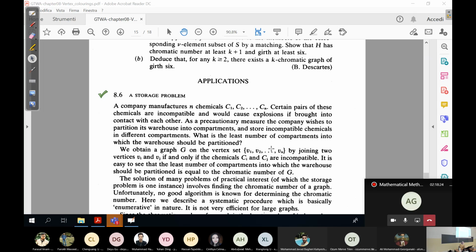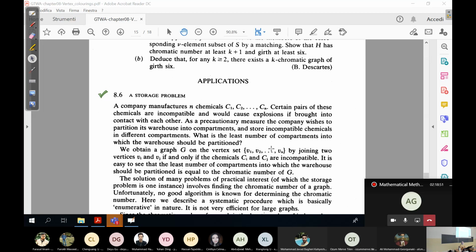And then you try to color the graph with the least possible number of colors. Why? Because when you have the vertices with one same color, you know that you can store them in the same compartment, okay? Because they form an independent set, meaning mutually non-adjacent, which means mutually non-incompatible.